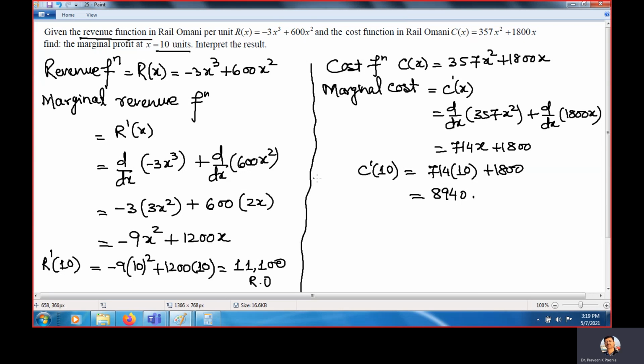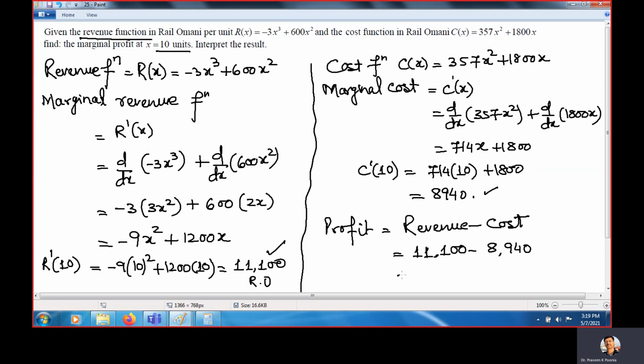8940. So this is the revenue, this is the cost. So what is the profit? Profit is equal to revenue minus cost. Clear? Revenue is 11,100 minus 8,940.